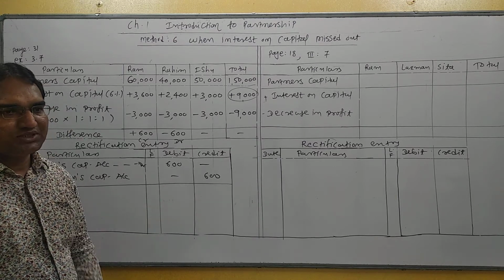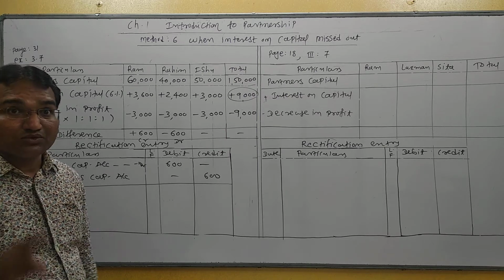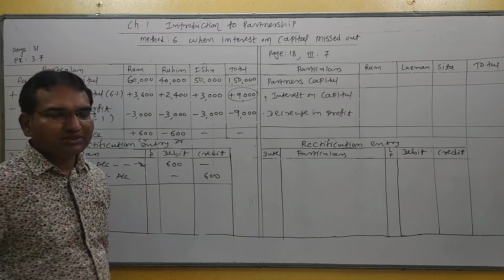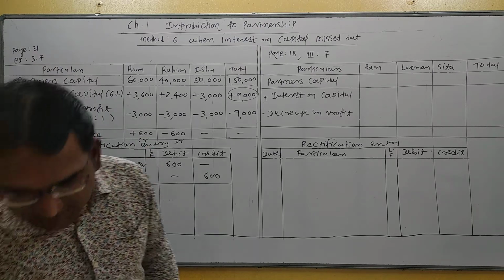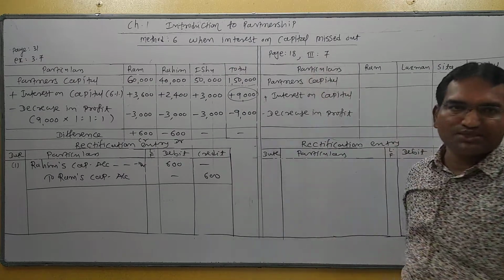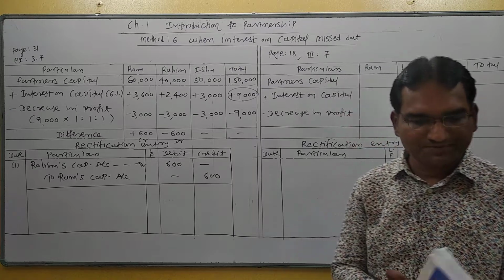This type of question asks for 3 marks in board examination, section C, question number 21. Now let us understand another example of the same method, page number 18, illustration 7. So open your textbook, page number 18.